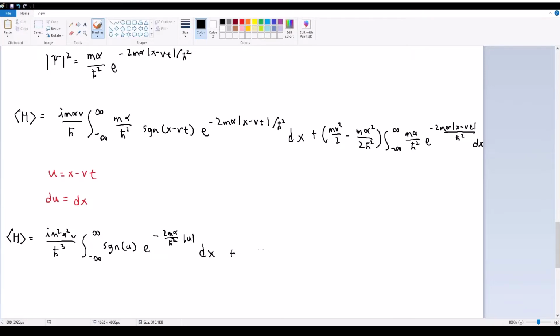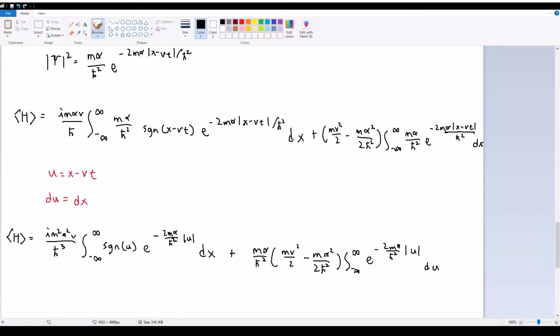And then we're adding m alpha over h bar squared times m v squared over 2 minus m alpha squared over 2 h bar squared, integral from negative infinity to infinity, e to the negative 2m alpha over h bar squared magnitude u du.